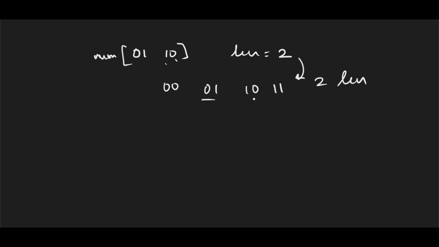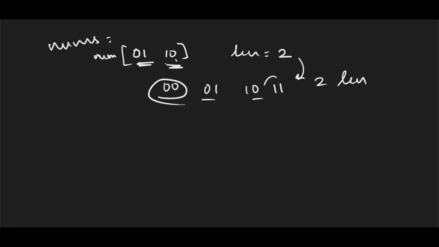The possible strings of length 2, because the length of 01 is 2, that is n, are 00, 01, 10 and 11. Since 01 and 10 already exist in our given nums array, we should return either 00 or 11.